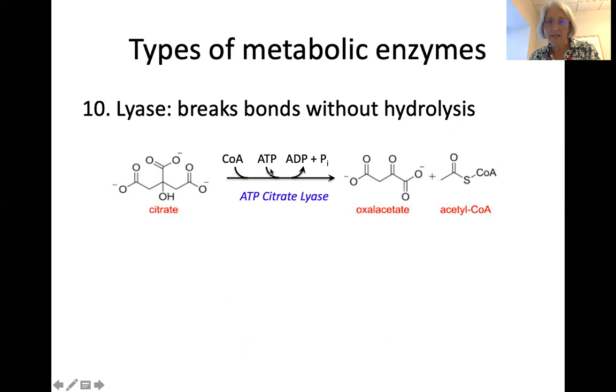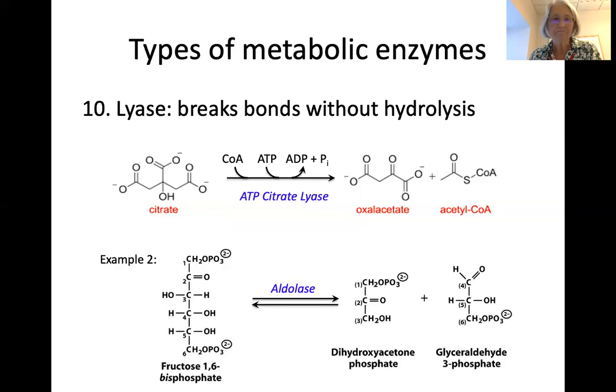And it uses ATP to do that, to attach the coenzyme A onto acetyl-CoA. You should know this enzyme as one of the first steps in making fatty acids. We need cytosolic acetyl-CoA to make fatty acids, and ATP citrate lyase gets activated when we synthesize fatty acids. A second example is aldolase, an enzyme in glycolysis and gluconeogenesis.